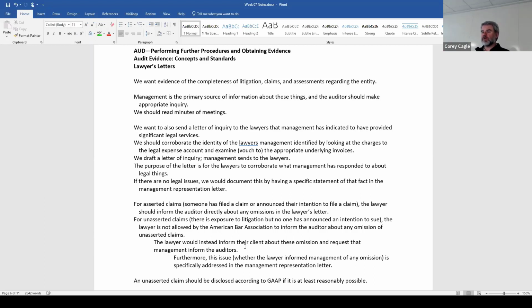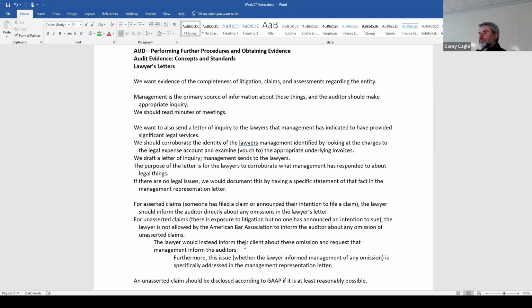So we should make appropriate inquiry. This is always a good thing to take note of: read the minutes of the meetings. You can find qualitative things in minutes of the board meetings, like, that might be a problem, or, hey, they approved this, but I don't see where it actually happened. So reading minutes of the meetings is an important audit procedure.